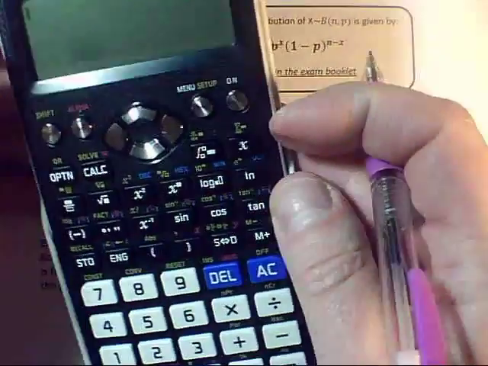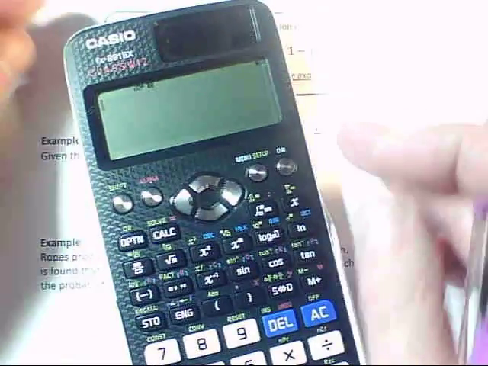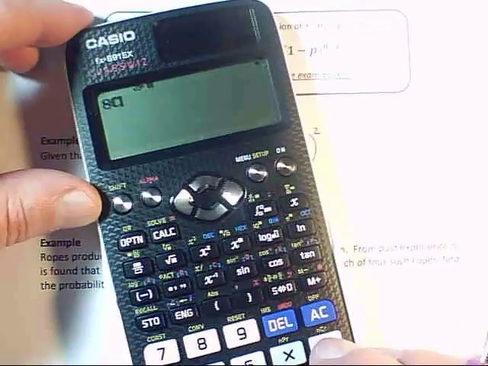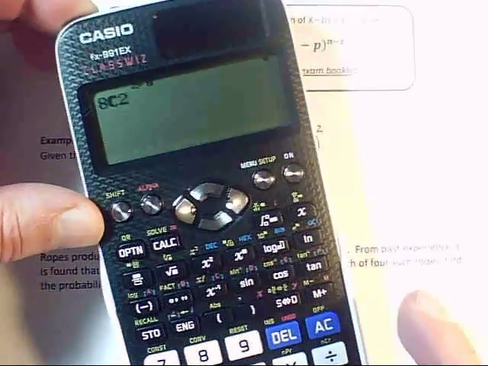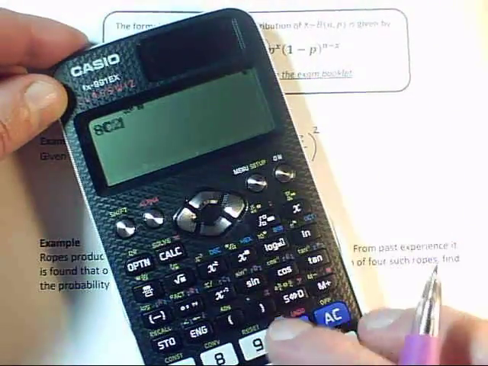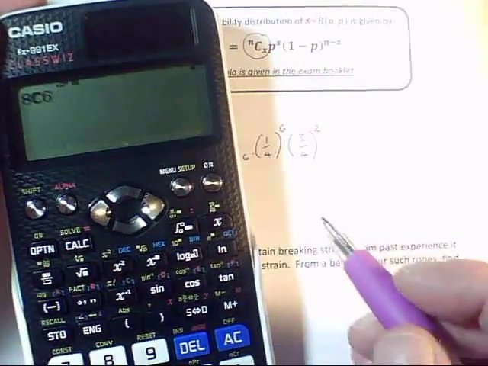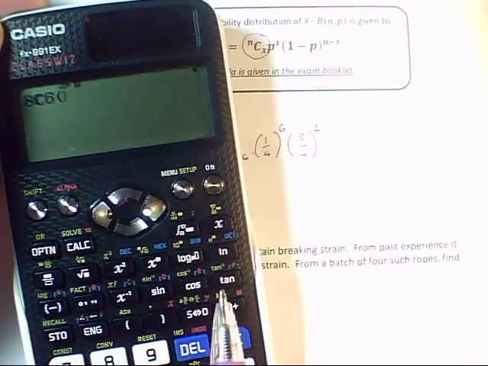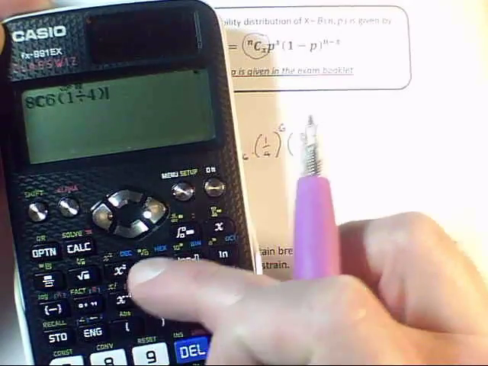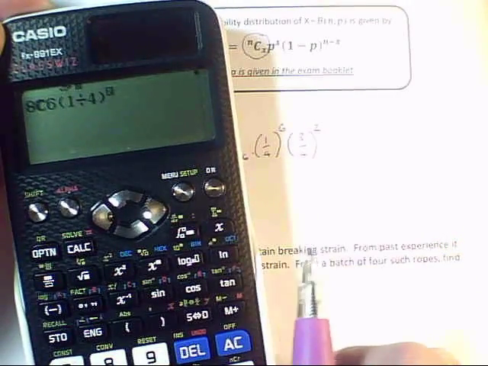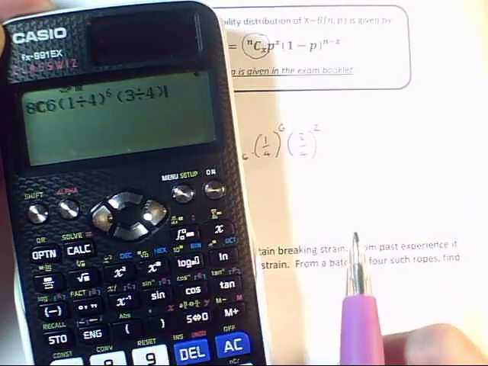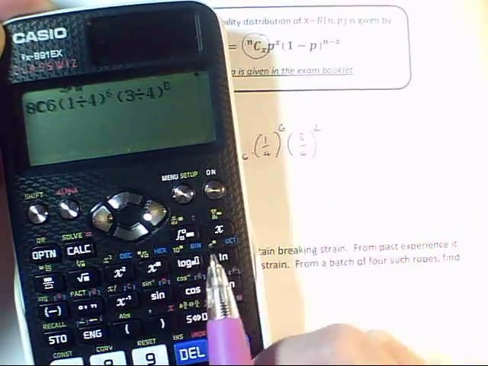So on my calculator, I'd do 8 choose, so that's shift and divide, 2. Sorry, it wasn't 8 choose 2, it was 8 choose 6 I should have done. 8 choose 6, and then I just do brackets. Brackets can be very important. 1 divided by 4, so a quarter to the power of 6, times a bracket of 3 divided by 4, close brackets, to the power of 2.